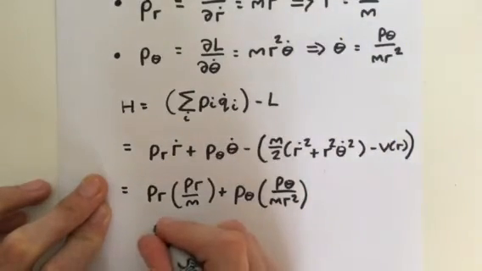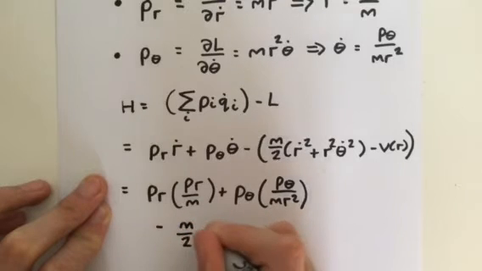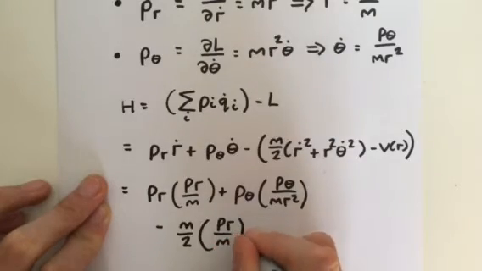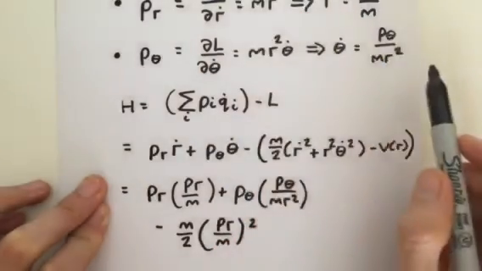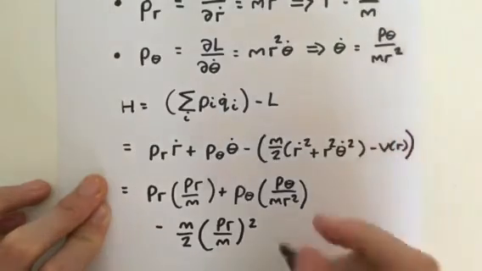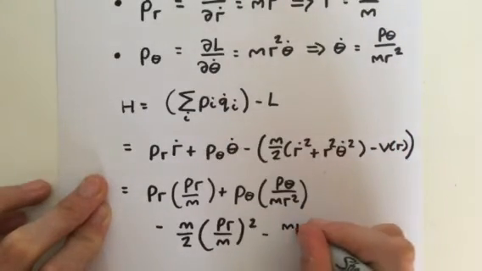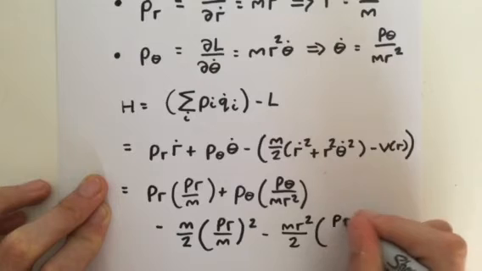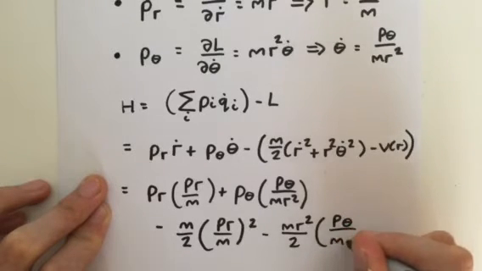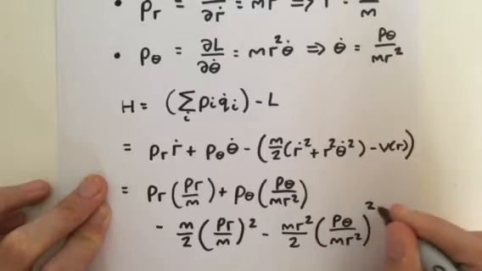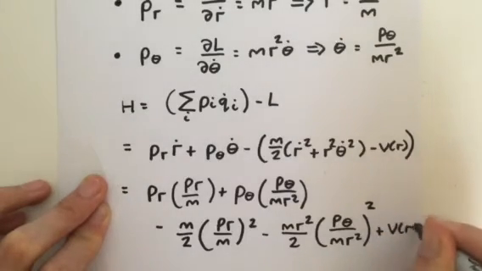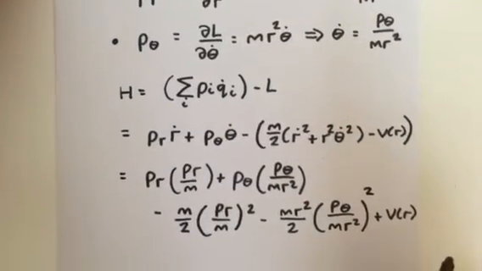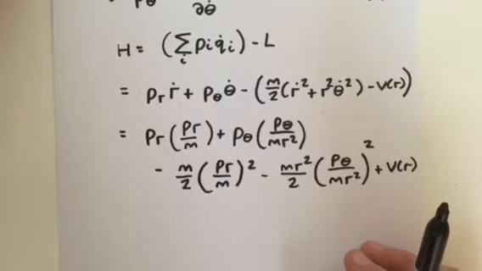Then to that we minus m/2 multiplied by (p_r/m)², since we're just substituting ṙ for p_r/m, and then we minus mr²/2 multiplied by (p_θ/(mr²))², and then we add V(r), because the minus and the minus make a plus. So that's our Hamiltonian, and we can simplify this down a bit.